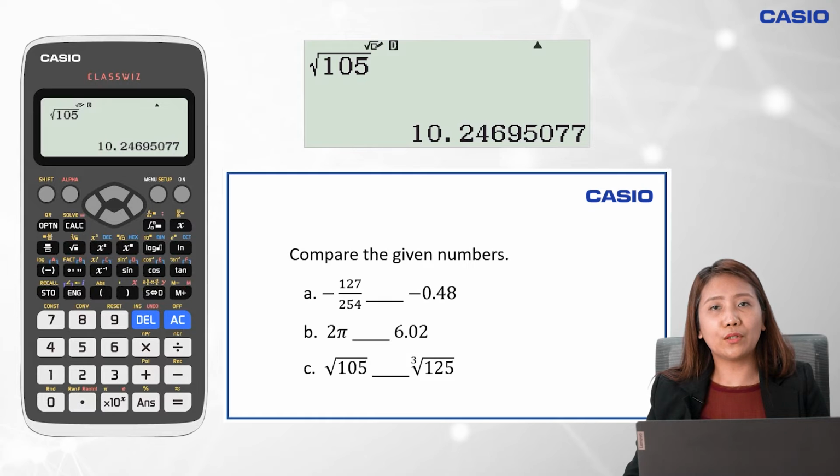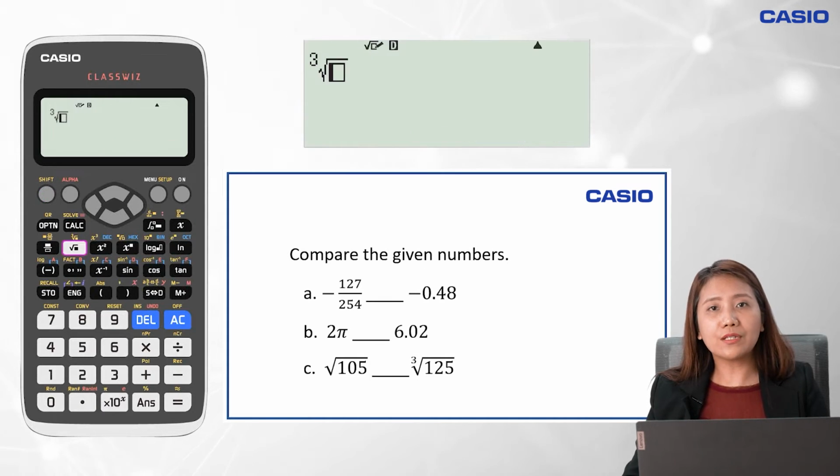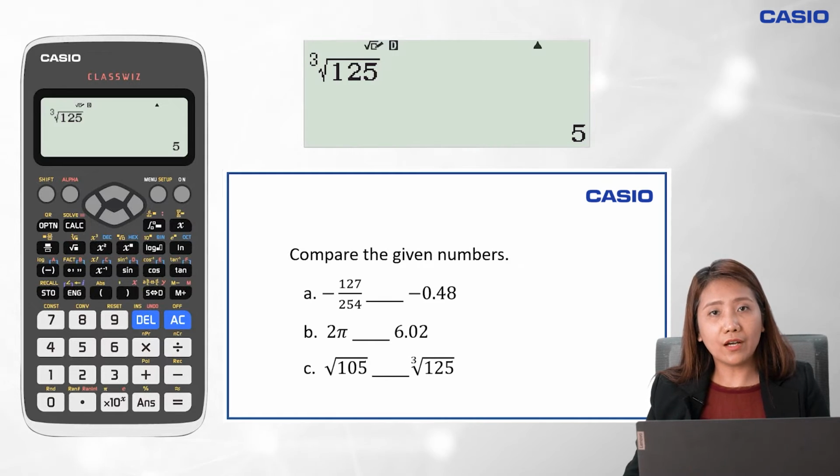And for the cube root of 125, we key in shift, square root symbol, then 125, press equal sign, and that gives us 5. Since 10.25 is greater than 5, the square root of 105 is greater than the cube root of 125.